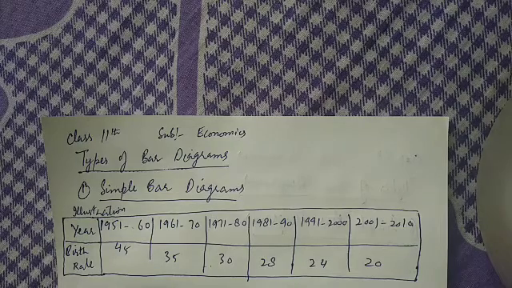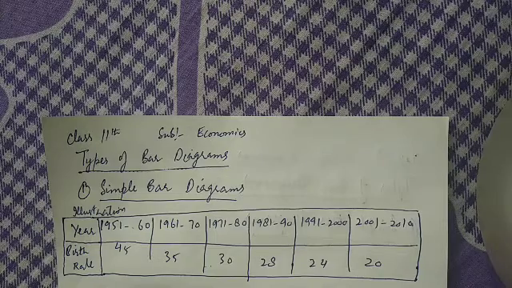These diagrams are more useful to present time series data, such as individual values like the weight of students, time series like birth rate according to the 2001 and 2011 census surveys, and geographical conditions like per capita income in different states of India, namely Haryana, Punjab, Himachal Pradesh, etc. The main limitation of simple bar diagram is that these diagrams can show only a single set of numerical data.